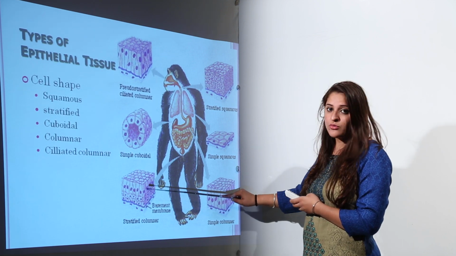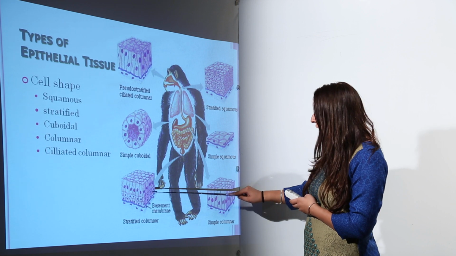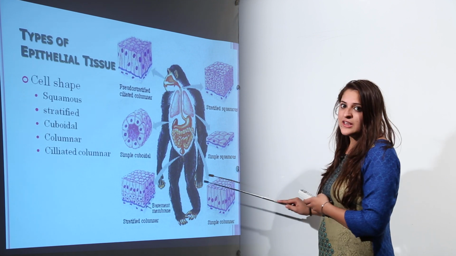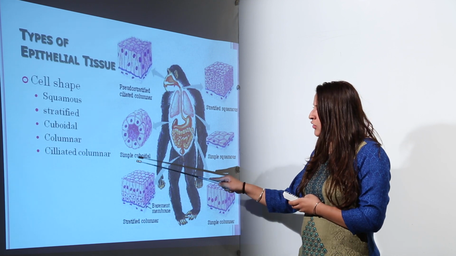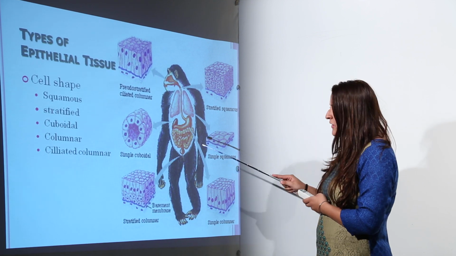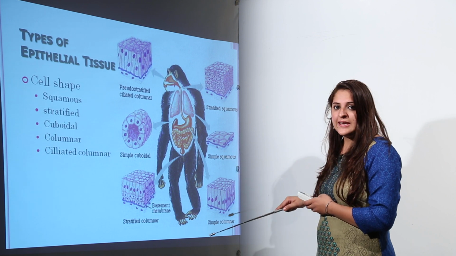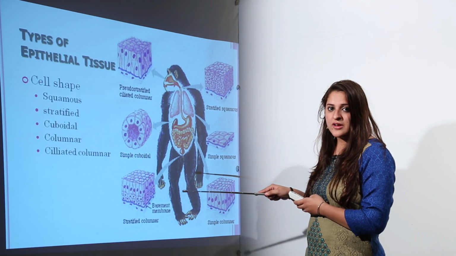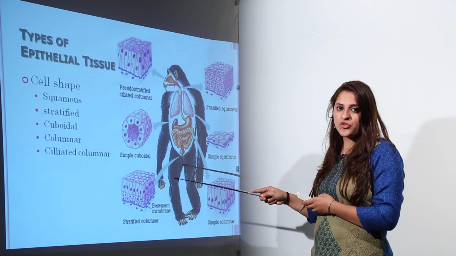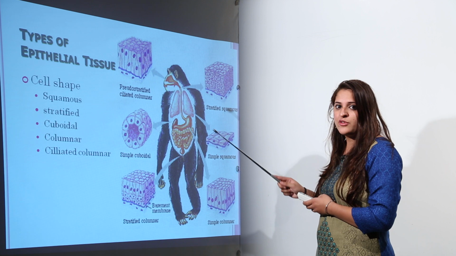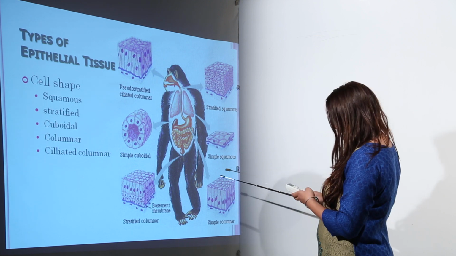Stratified columnar is also a tall elongated structure, and these cells are present in the intestinal layer or in the lining of the stomach. Ciliated columnar epithelium is that epithelium which consists of cilia. Cilia is a projection which protrudes out from a cell, and it helps in absorption and clears the fluid in and out of the cell.